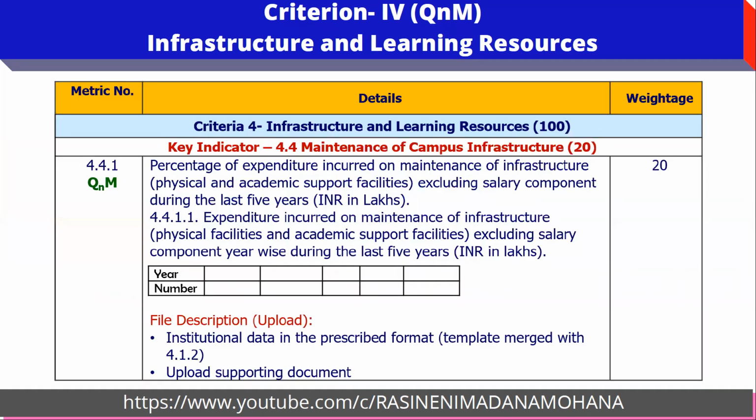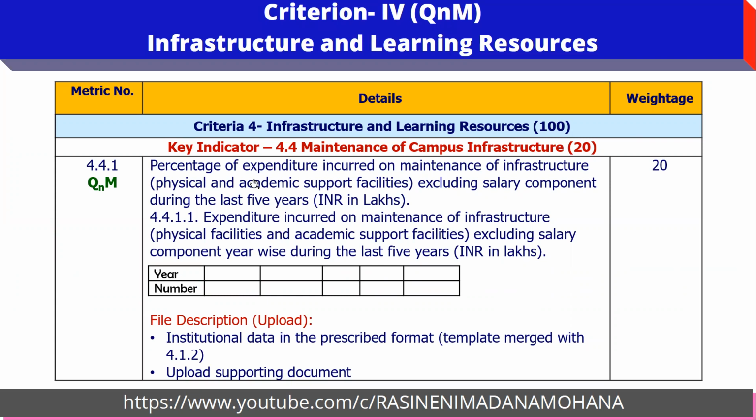Then coming to the last quantitative metric, again it is expenditure related, but this is for maintenance expenditure. 4.4.1, which comes under key indicator 4.4, maintenance of campus infrastructure, carries 20 weightage.